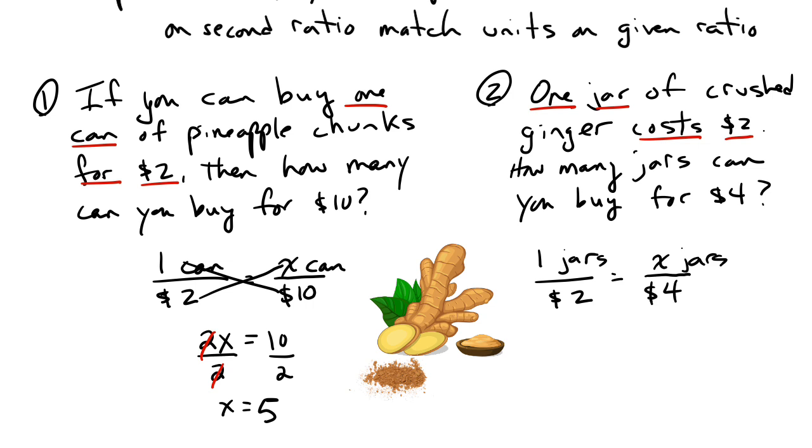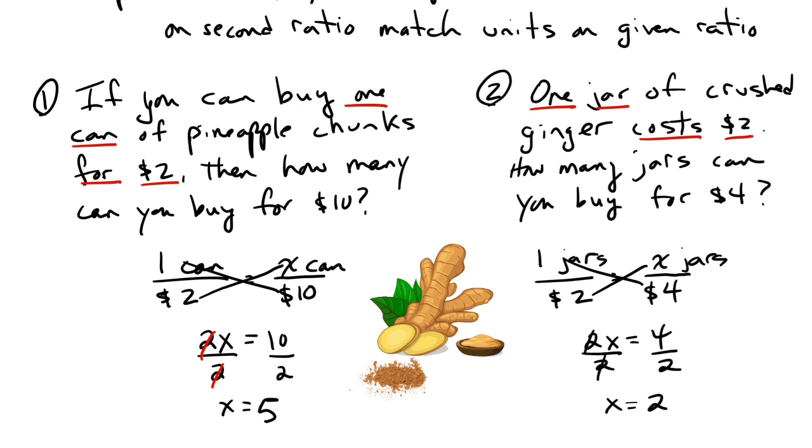2 times x is 2x. 1 times 4 is 4. Whatever we're multiplying by the x, we divide by that number. Do the same thing on the other side. The 2's divide out. 4 divided by 2 is 2. And really, because we have word problems, we should make sure that we're answering the question by writing the answer as a sentence.